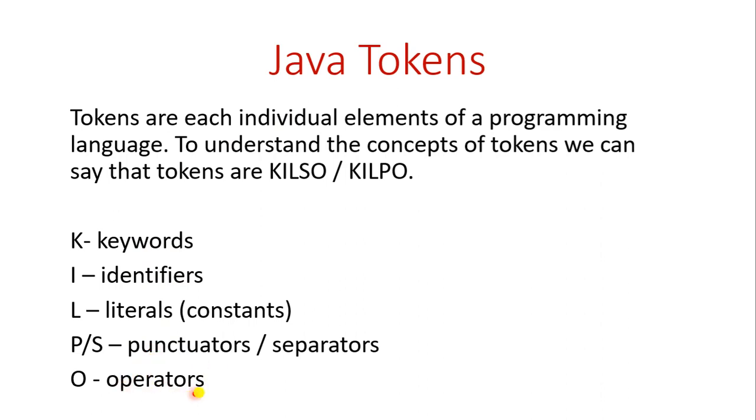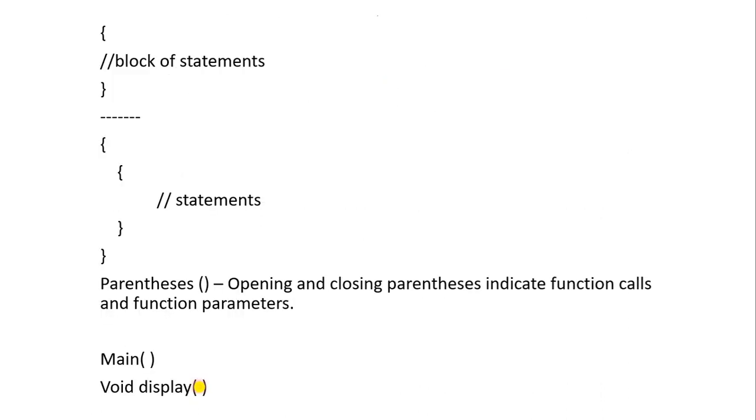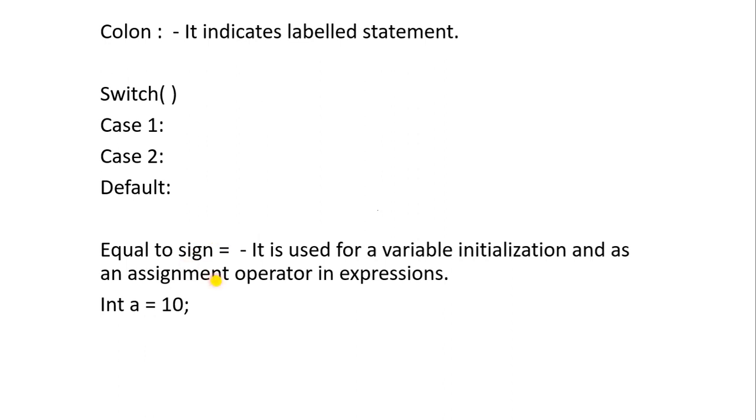The only remaining one is operators. In operators many types are there, and one is the assignment operator. In the assignment operator, one symbol is called equal to.